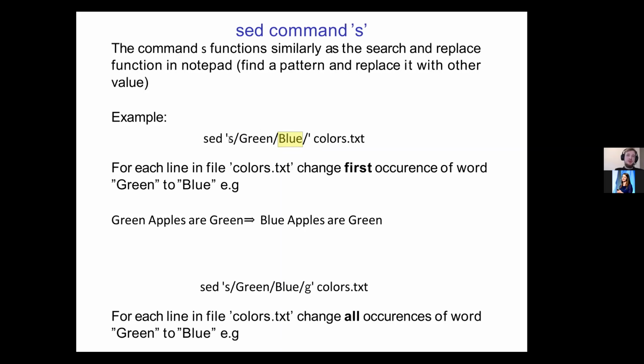This will replace the first instance that it finds. Let's say the first time it finds the string green, it will replace it with blue and exit. If we want to replace all occurrences of green with blue, then we need to add the g at the end. The g means global, so all occurrences of green.